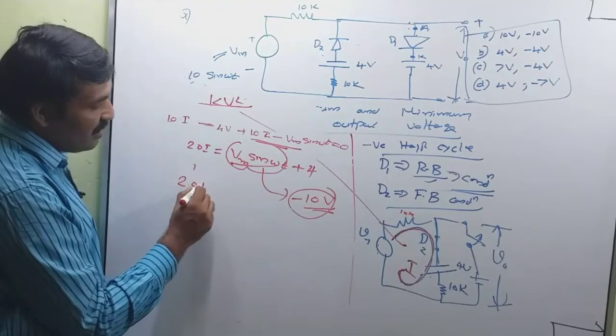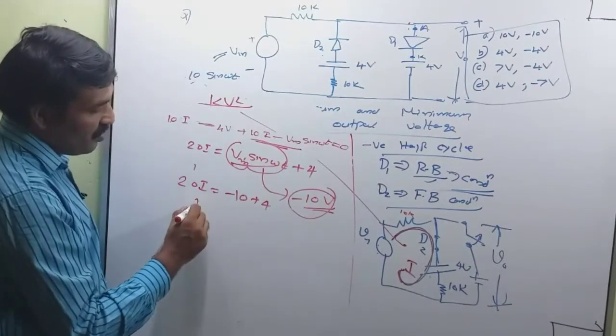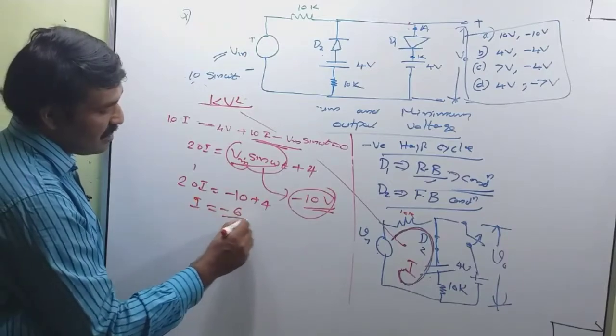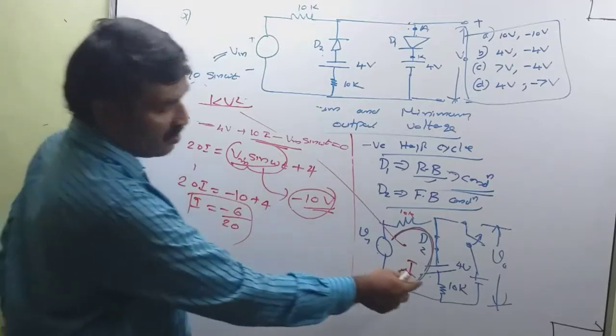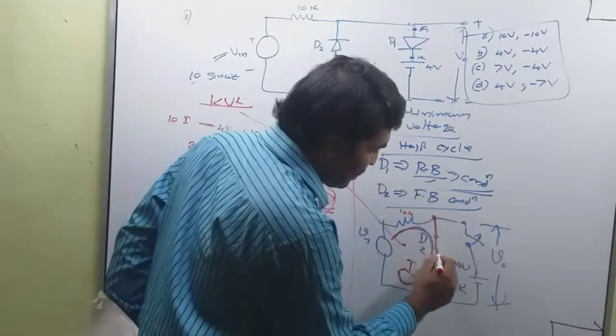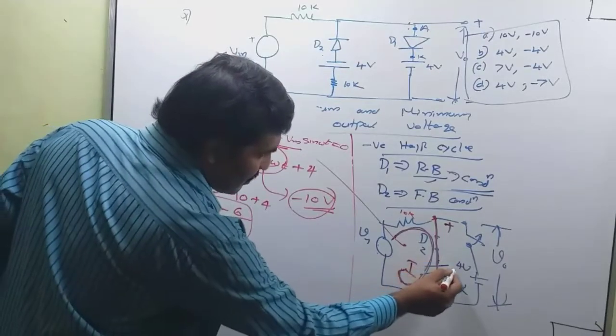So we can write 20I is equal to minus 10 plus 4, or I is equal to minus 6 by 20. This much current will be passing through this. So what is the voltage across this branch? Voltage across this element is minus 4 volts.